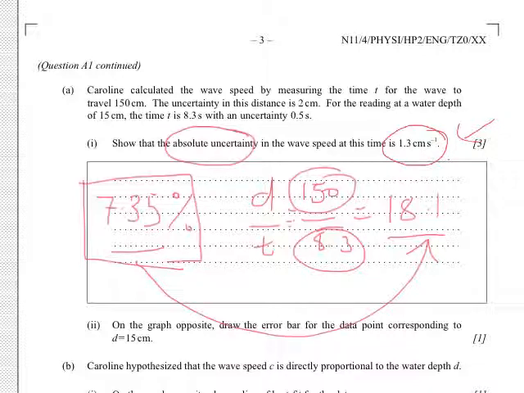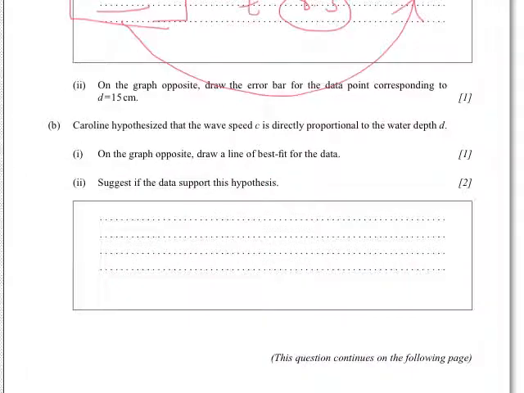Just a little extra bit: you must be careful because the answer has 3 significant figures and 1 decimal place, and that's why your uncertainty must only have 1 decimal place. Your absolute uncertainties and your values must be consistent.